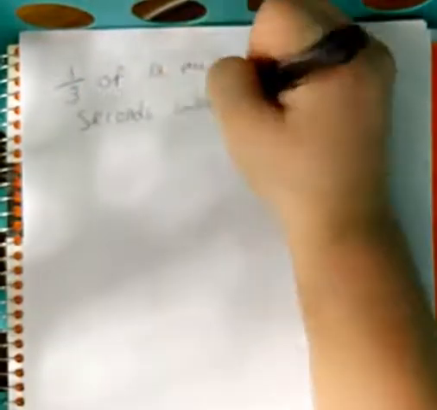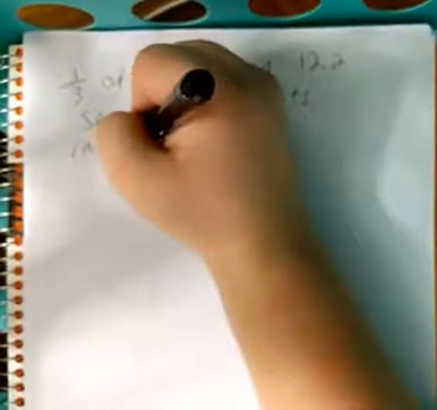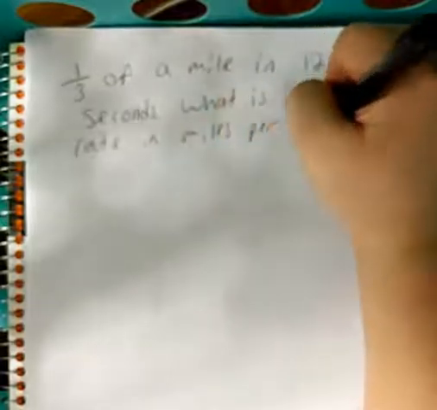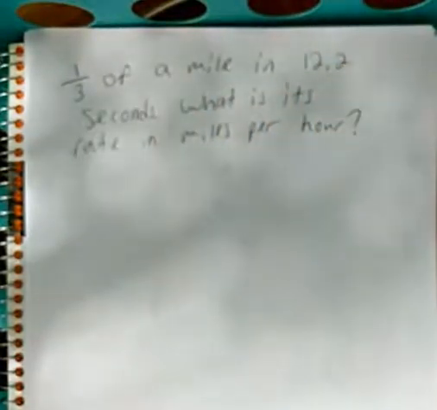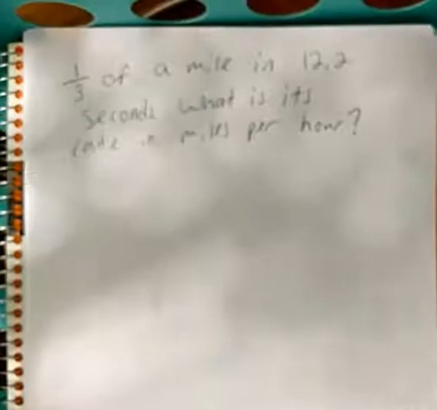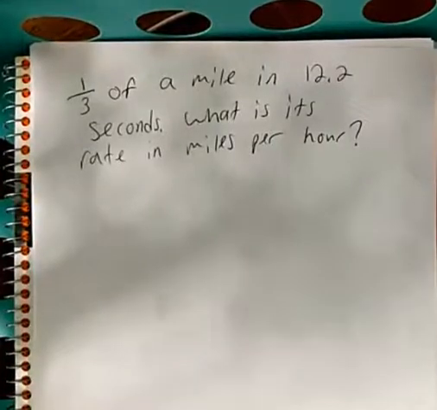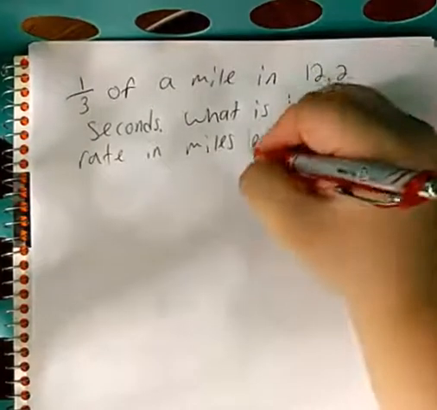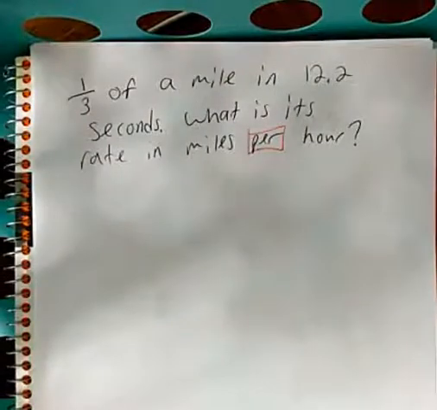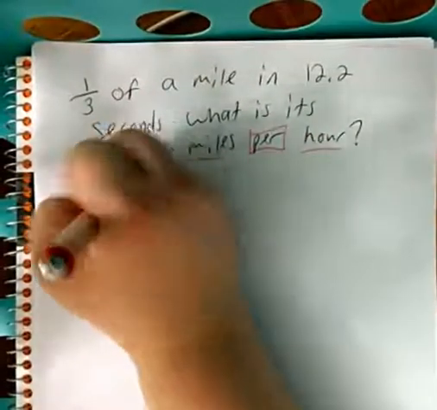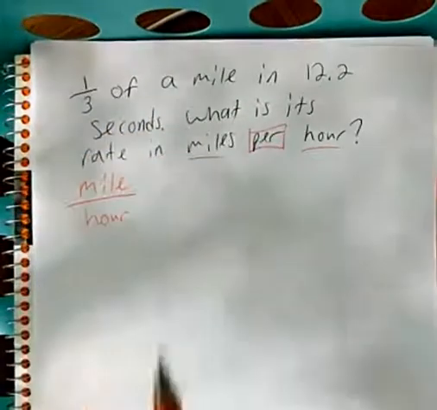What is its rate in miles per hour? Sorry, my phone keeps going out of focus. Okay, so first off, per, right? Gotta identify per. So miles per hour is what we're going for.